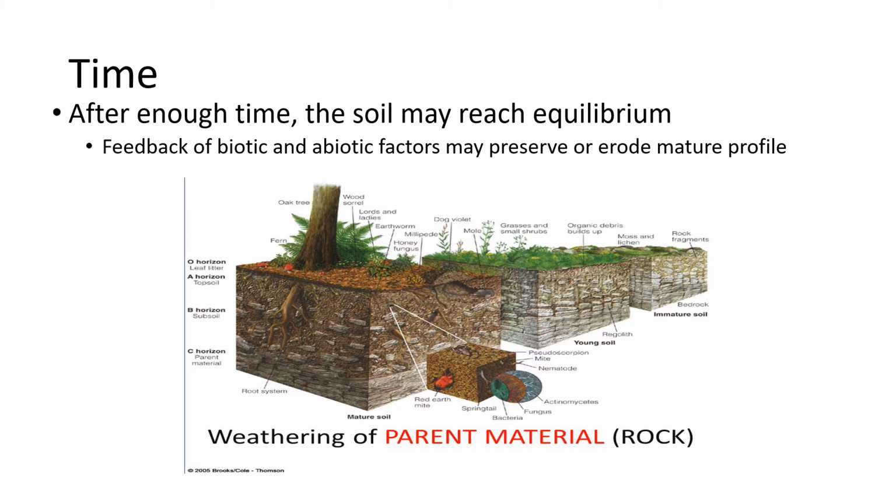Then you have really young soil that can really only support certain things, and then as those organics are starting to get mixed into the soil, you end up with a more mature soil profile. And so depending on what factors are there in the earth with the soil, that may preserve that profile or it may erode that profile. So, at some point, soil is going to reach an equilibrium.